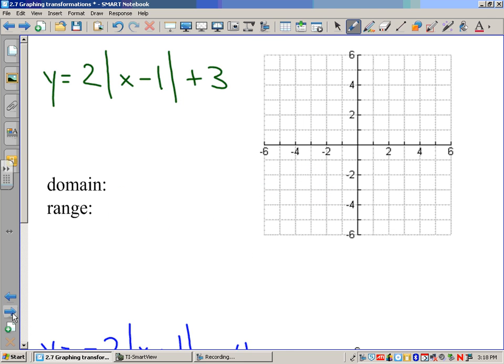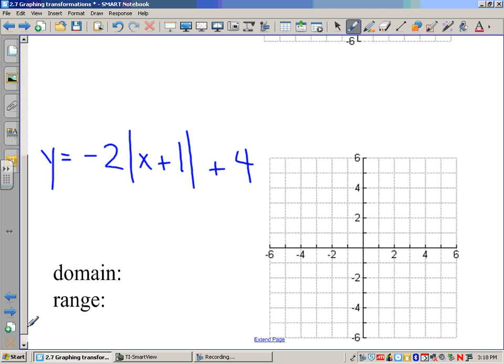Okay, let's look at this one, which is probably number 6 on your paper. Again, where's it shifting? Left 1, up 4. So I'm going to move left 1, up 4, put a dot. That's my vertex.